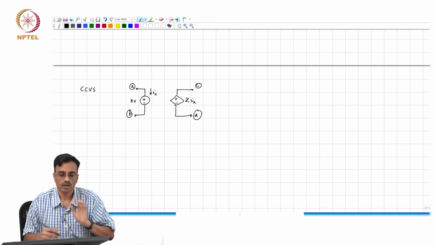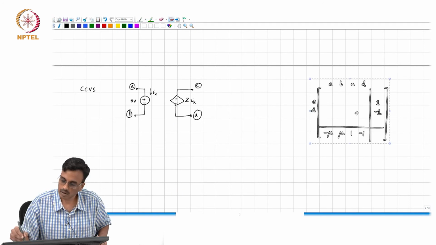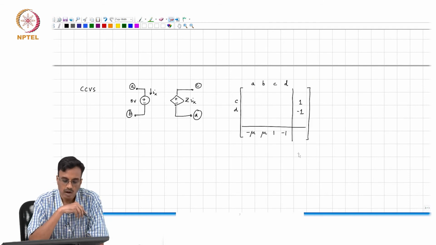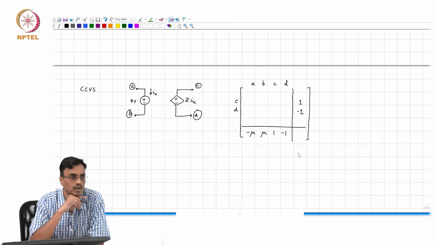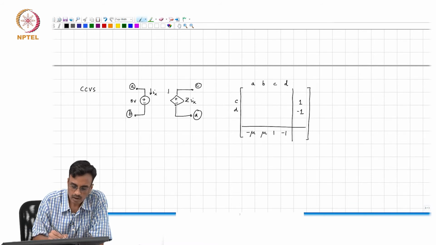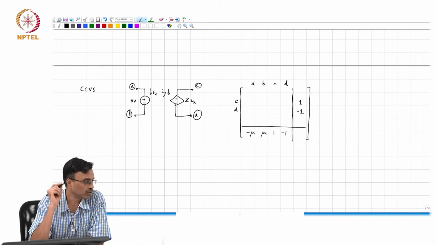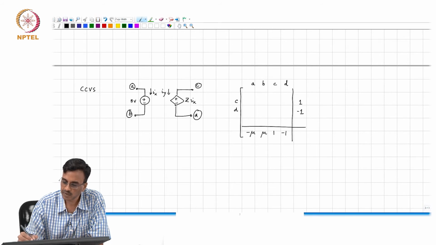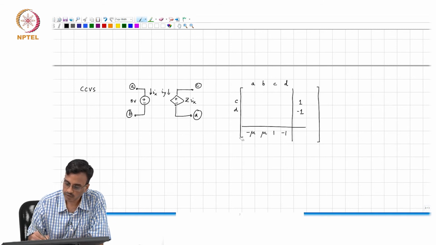How many unknowns do we have now? You have 2 unknowns, and remember that the current flowing through any voltage source is an unknown, and therefore we need 2 extra columns and 2 extra rows.